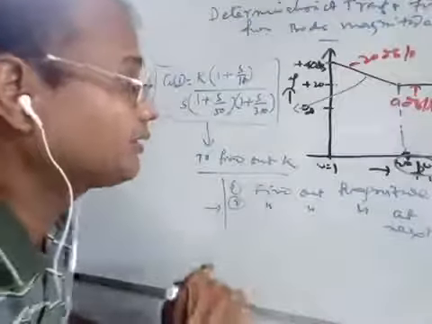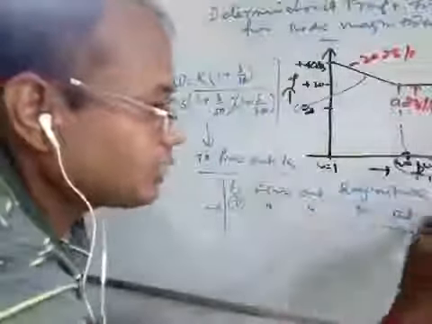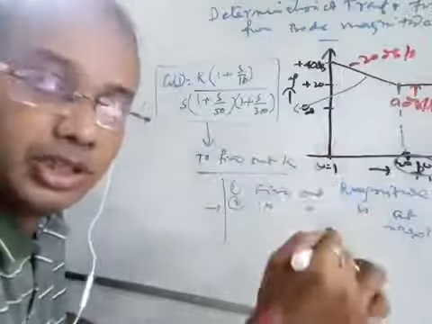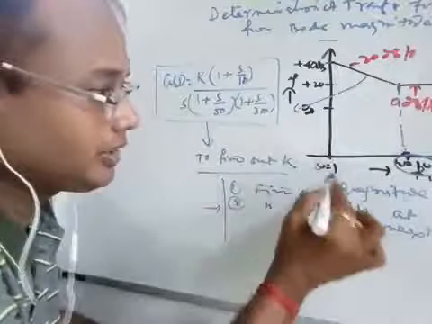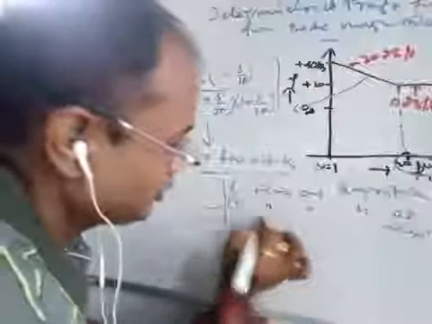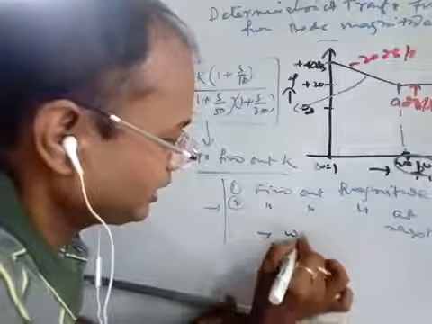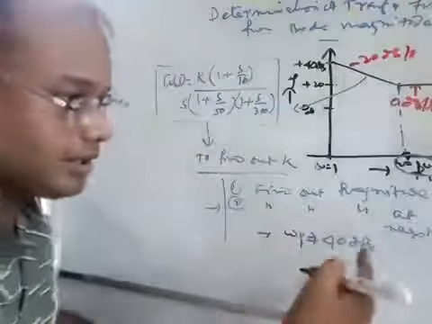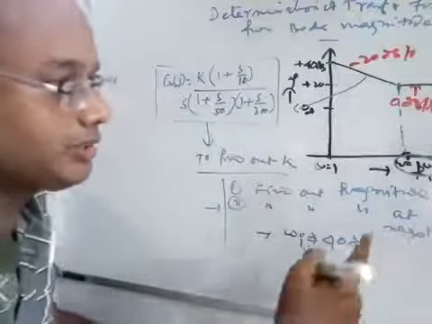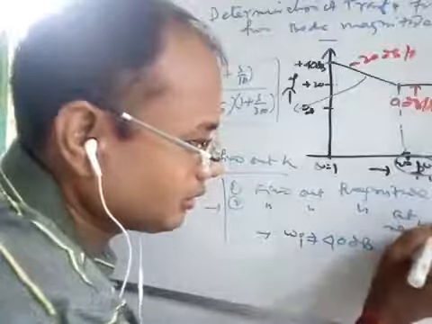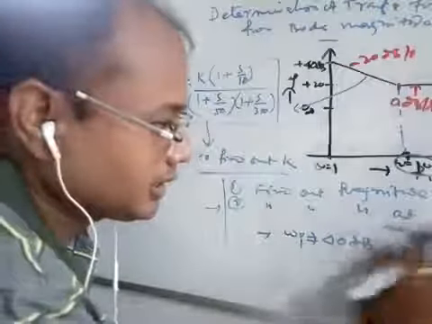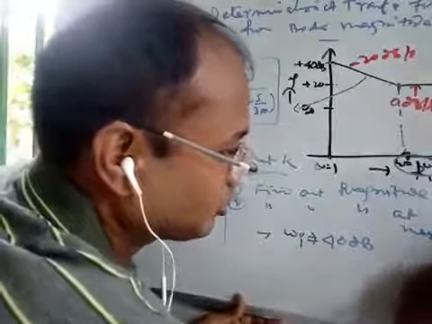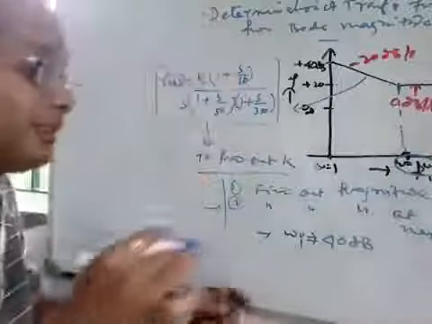So what you will get, see, magnitude at initial frequency. What is the initial frequency here? Omega is equal to 1. It may be 0.1, it may be 1, it may be 0.001, whatever. At initial frequency, what is the magnitude? 40 dB. So the initial magnitude is 40 dB, right? Next, the immediate next frequency. What does the immediate next frequency mean? I can say it is the immediate next corner frequency.